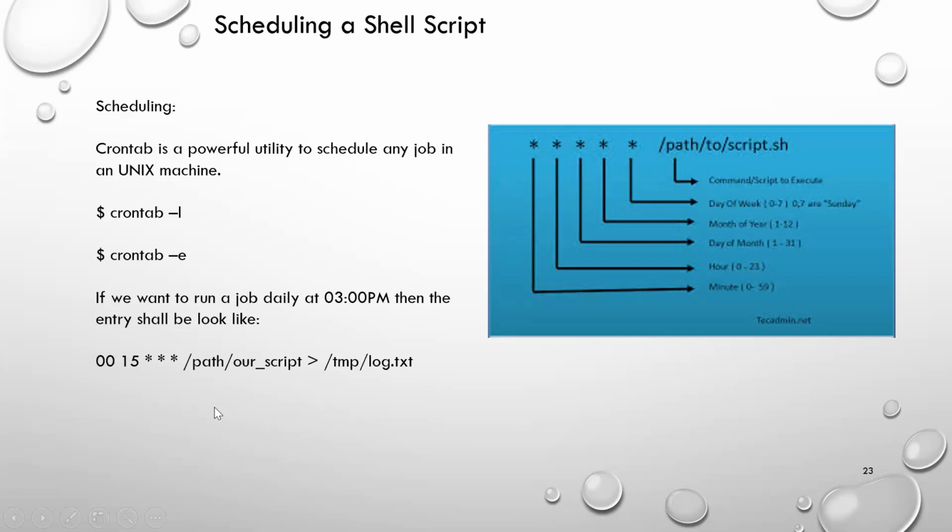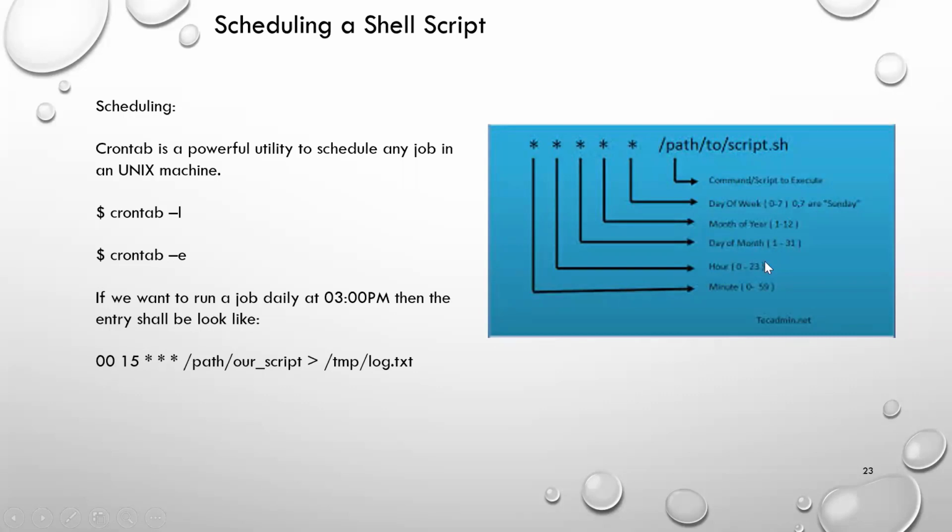If you want to run, let's say, in the first week of the month, you can configure that. If you would like to run on a specific day of a month, you can configure that by following this guideline. The first field is the minutes. The second one is the hour.